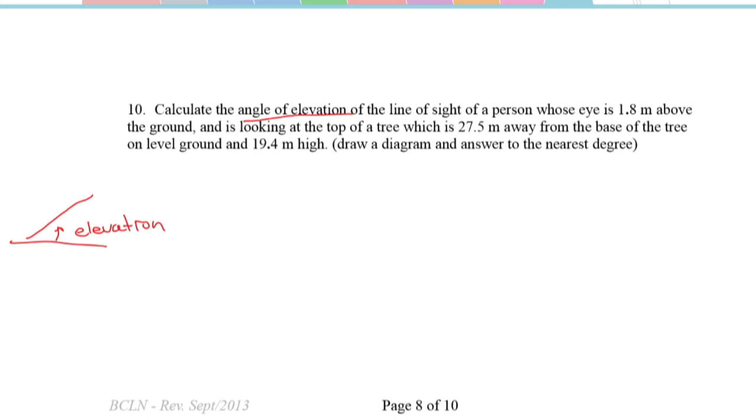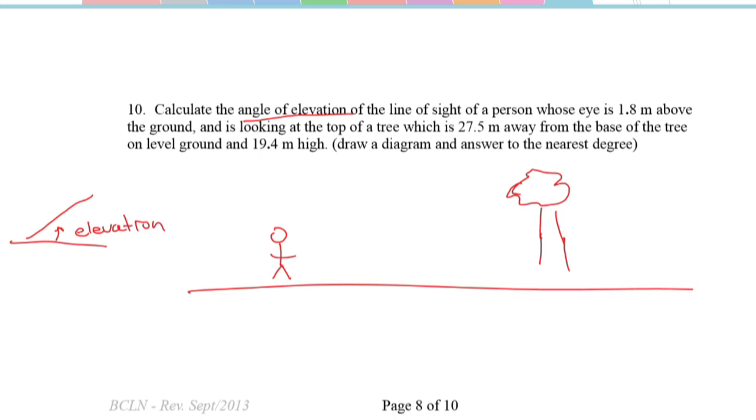So draw a picture. You have a person, you have a tree, and the person whose eye is 1.8 meters above the ground is looking at the top of the tree, which is 27.5 meters away.